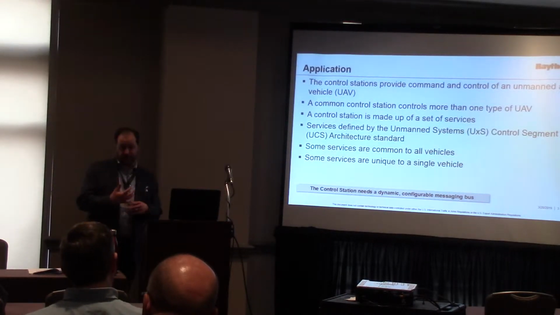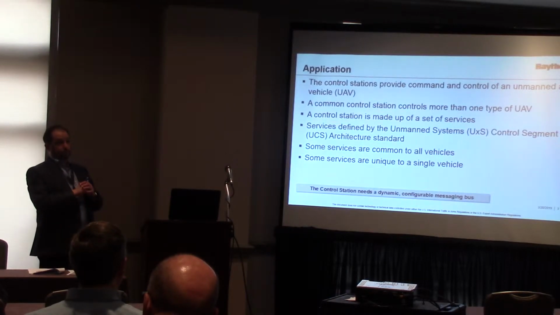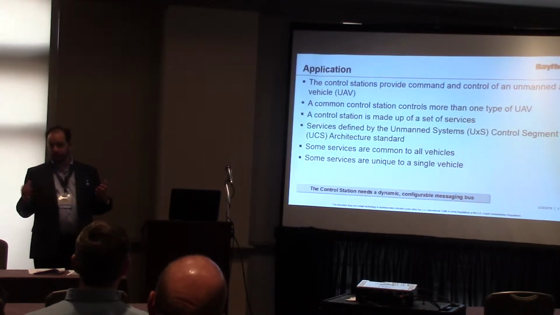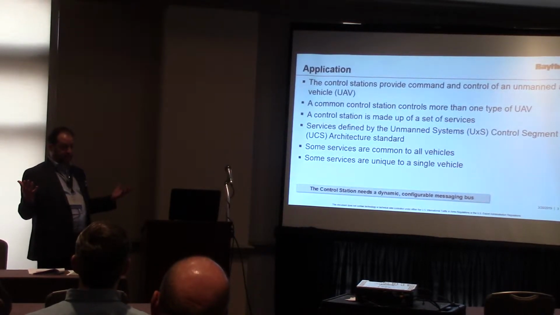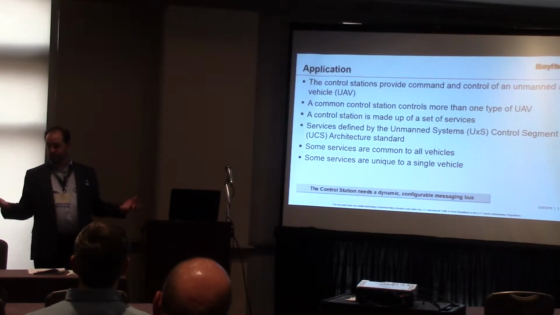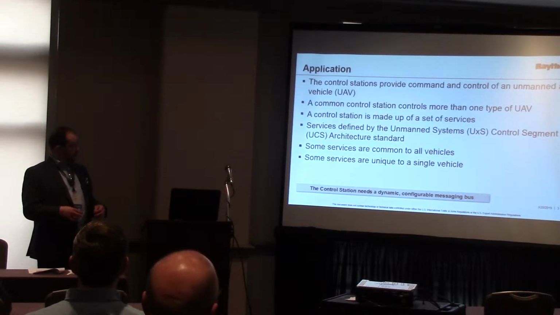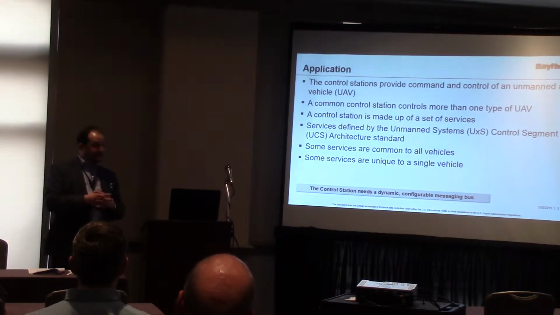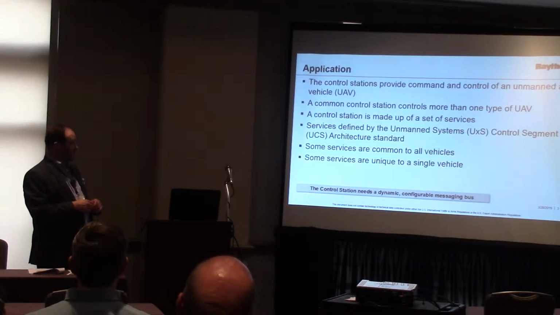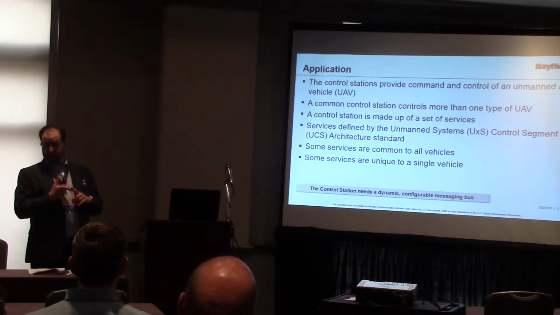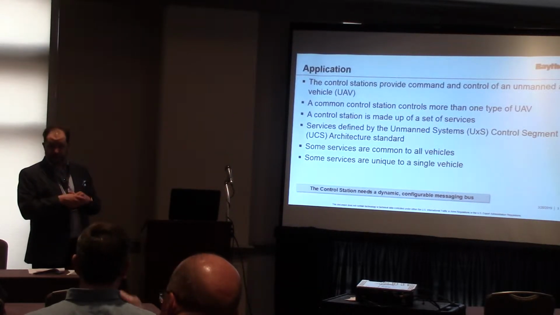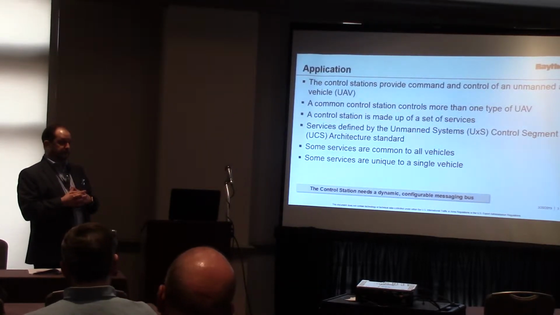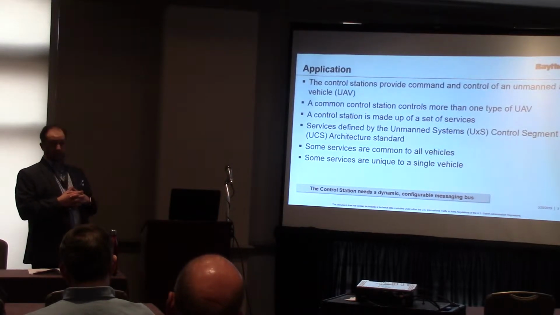When we talk about UAVs, probably the most common thing that should come into your mind is Predators, right? They're in the news all the time. Raytheon has nothing to do with the Predator, but it's probably the one you're most familiar with. We control Global Hawk, which is a UAV with the wingspan of a 747.